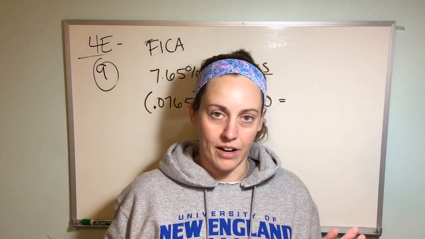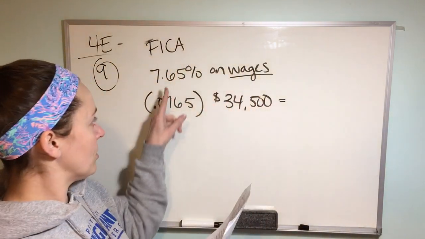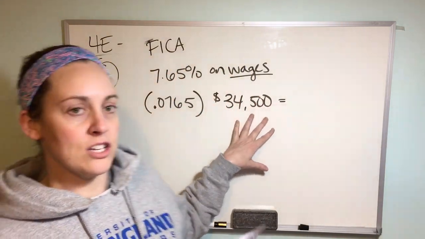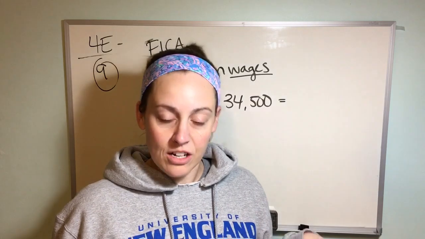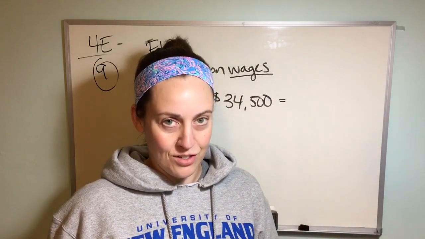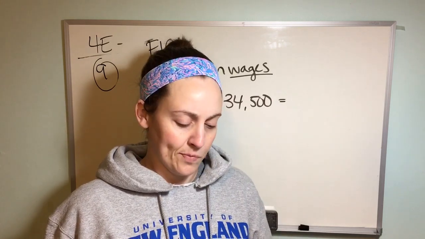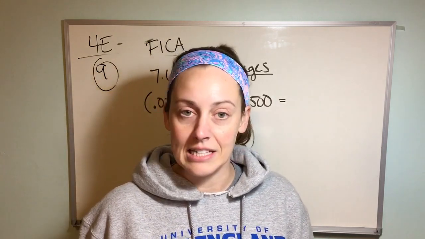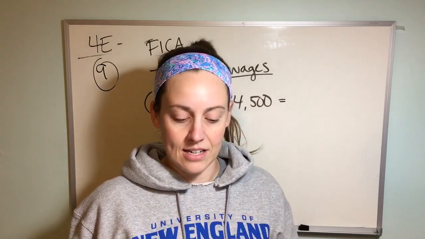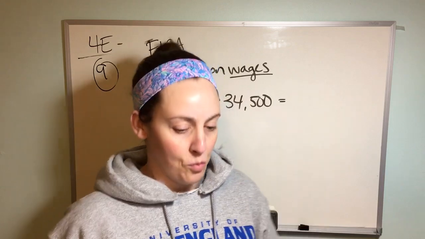So I know it's a little confusing, but for FICA taxes, it's that percentage on your wages. You don't take out any standard deduction, you don't do any exemptions, and it's just on wages. So the interest doesn't count. And we'll do an example later with something they call capital gains and dividends. That doesn't count in this example either, only your wages.